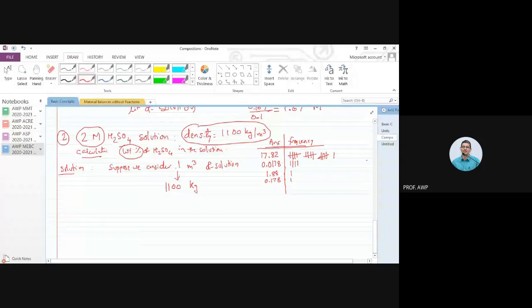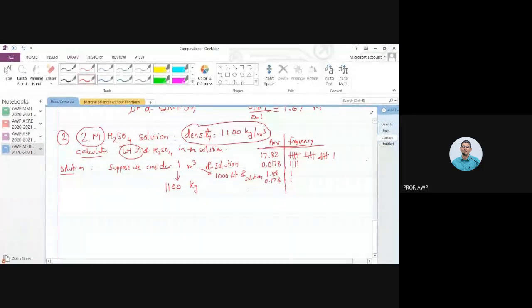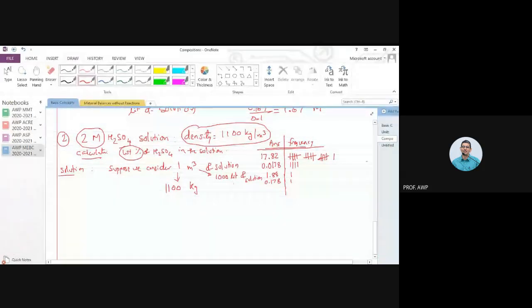Now, this 1 meter cube of solution means it is 1000 liters of solution. How many gram moles of H2SO4 would be there?